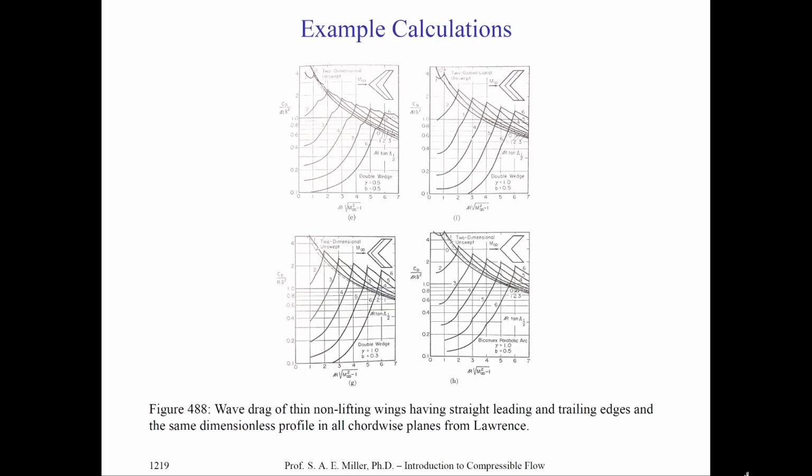Let's now take a few seconds to look at the particular drag of thin wings having straight leading edges and trailing edges in the same dimensionless profiles in all chordwise planes, from the publication of Lorentz from NACA. You'll see on the x-axis we have placed AR times the square root of M infinity squared minus 1 on each x-axis.